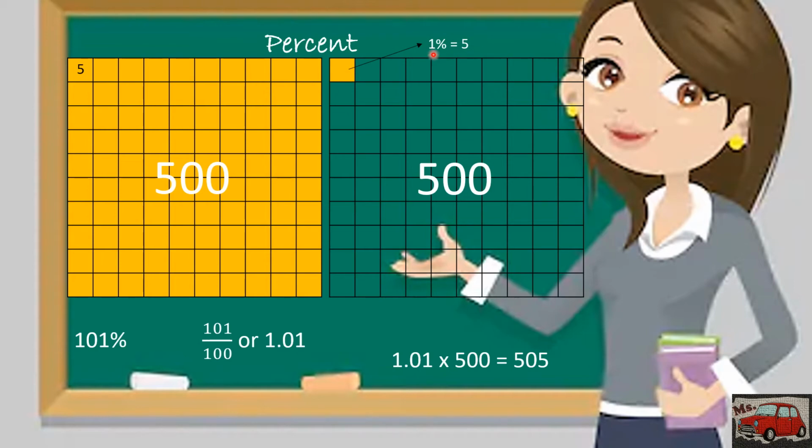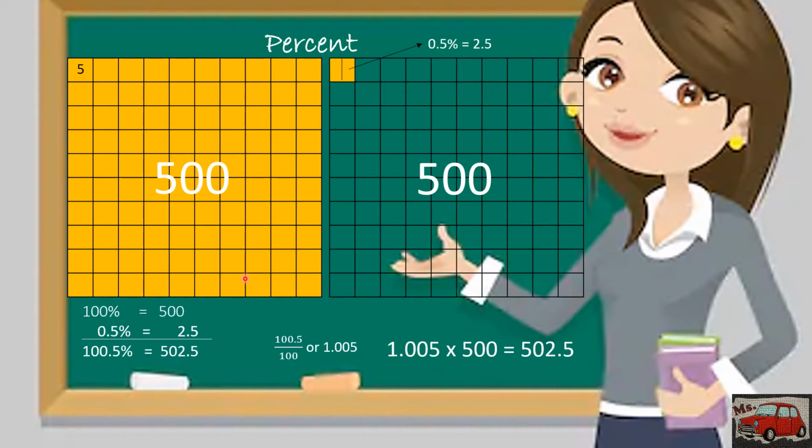So, 101% of 500 is 500 plus 5, so that is 505. Another way to do that, just convert this into decimal first. So, 101 divided by 100, and that is 1.01. And then multiply that by 500, then you'll get the same answer, 505. Okay?